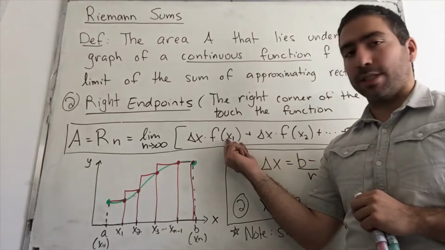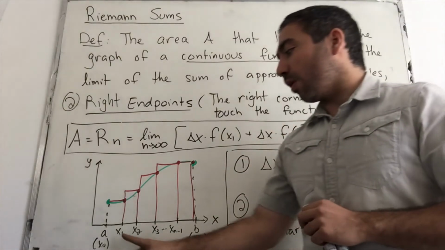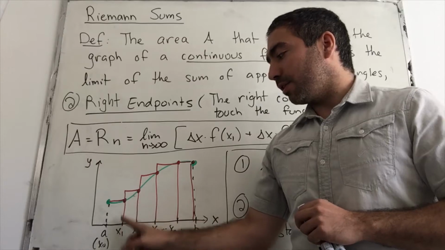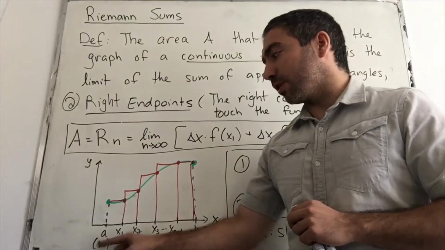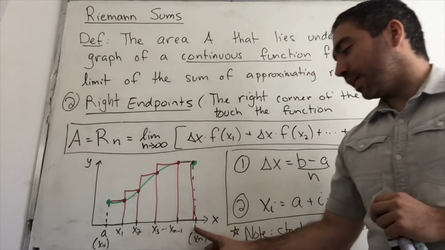So here, notice the difference is instead of starting at 0, now we're starting with subscript 1. The index is 1. Why? Because the first corner point that hits the function is at x1, not at x0, like the left endpoint. Okay, so that's why here we're starting at 1, and we're finishing at the last one, xn.